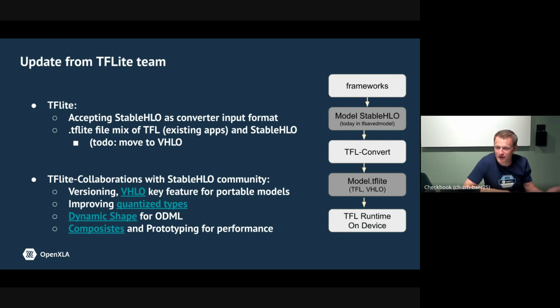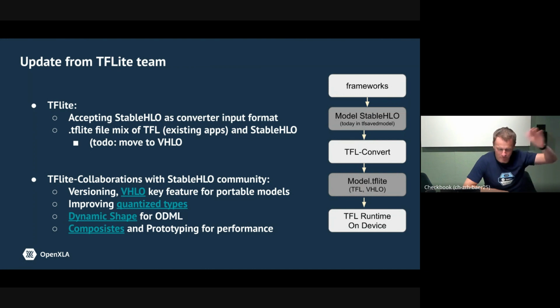Recently we've evolved the TF Lite converter to start accepting stable HLO input, as could be outputted from frameworks in various ways. We've started to add that functionality and test paths from different frameworks.